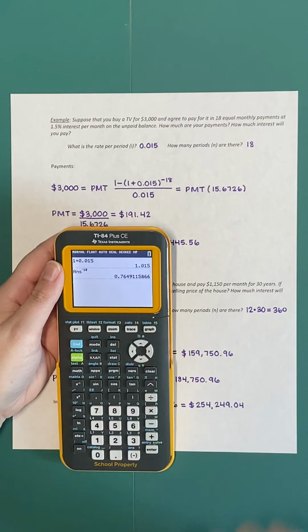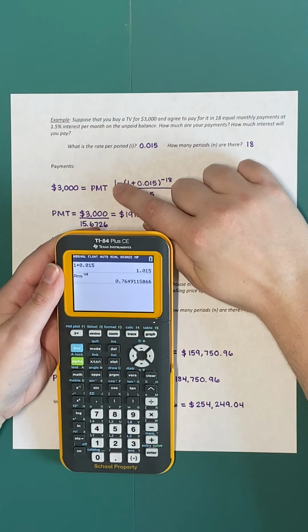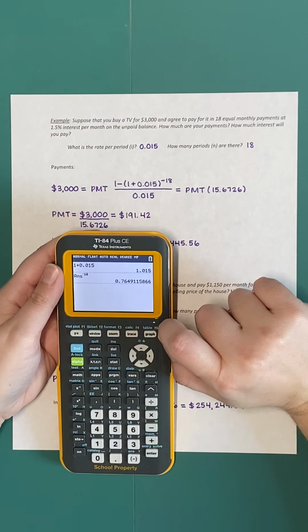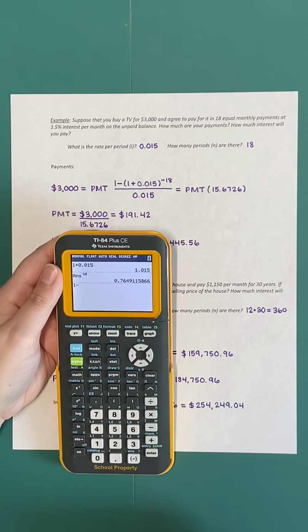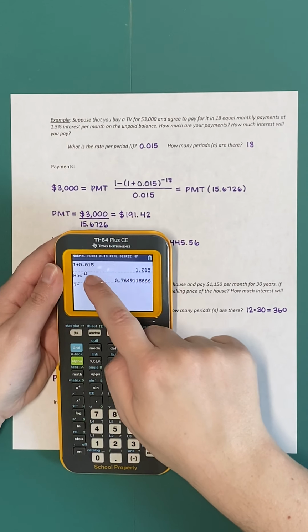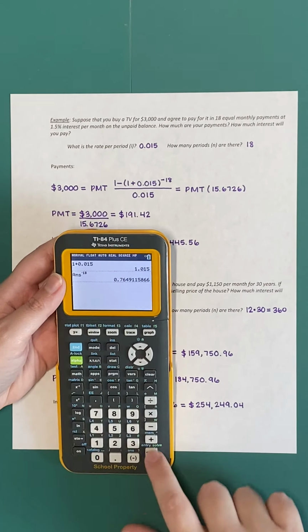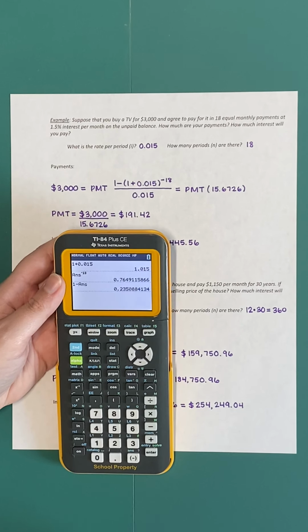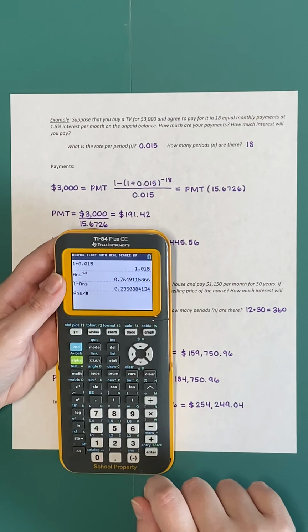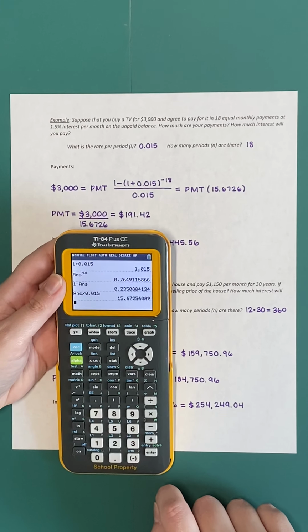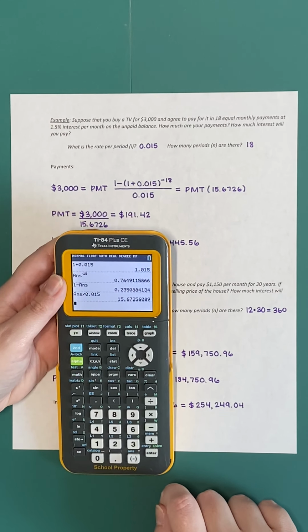Now here's where we have to be careful. It's 1 minus that number, not this number, minus 1. We have to type the 1 minus first, and then we're going to pull in and copy that line with second and negative, which brings in that answer. So that's going to be our numerator. We're now dividing that by our value for I, 0.015, and that's going to give us our multiplier for payment.